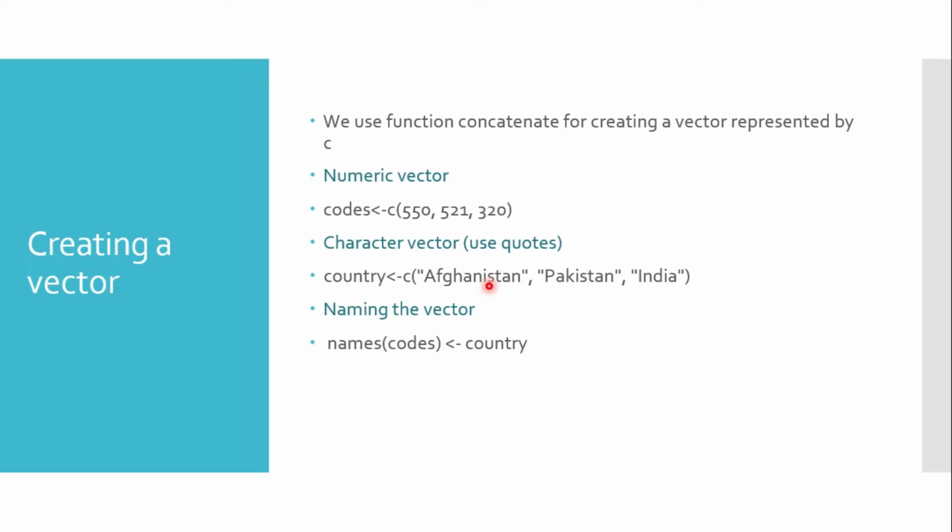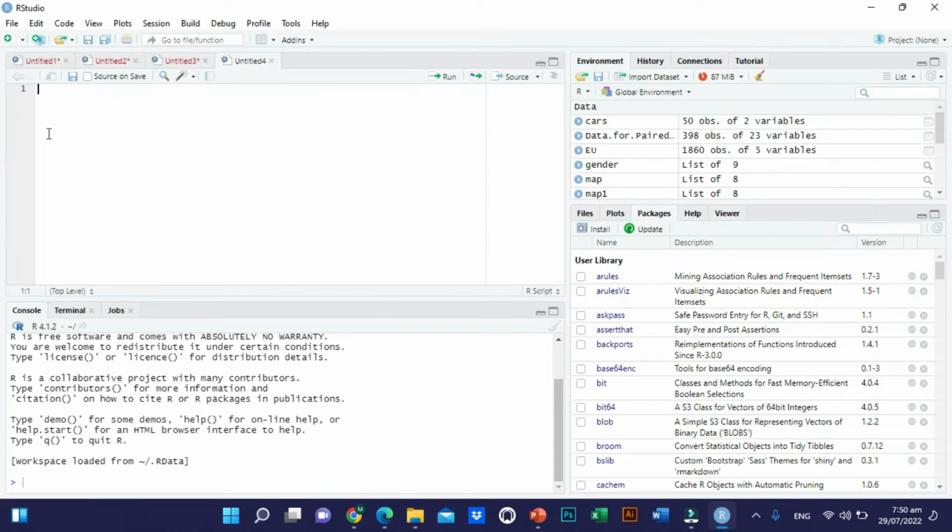So let us go to R and practice it practically. Suppose I create an object, income of a country. This is a hypothetical example. Now I will write the assignment sign, and then I will write the c function, which is used for concatenate. Now I will write 550, comma, 110, comma, and then 622.